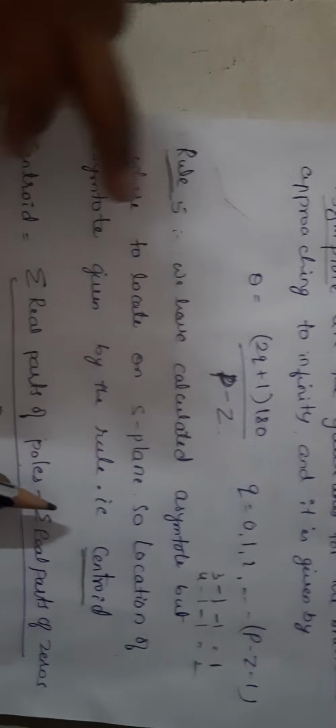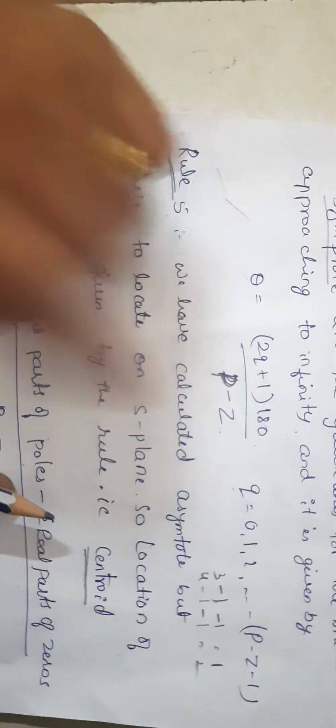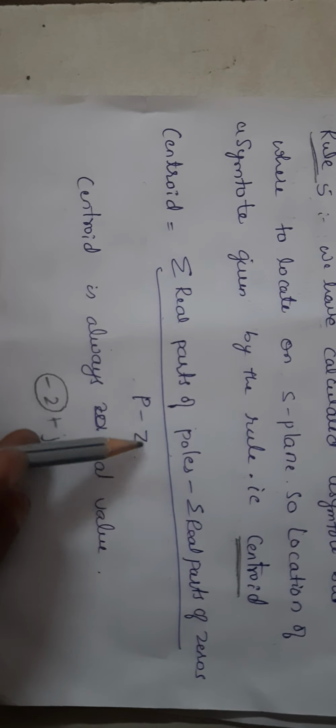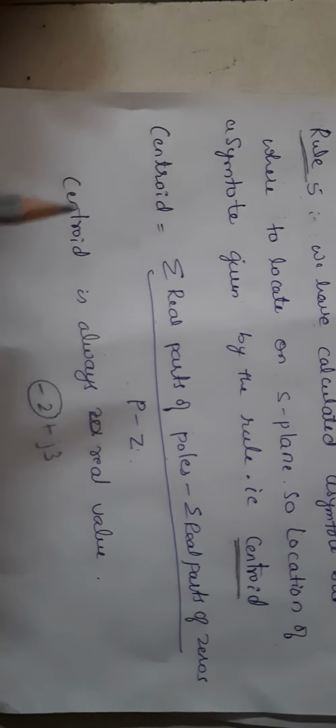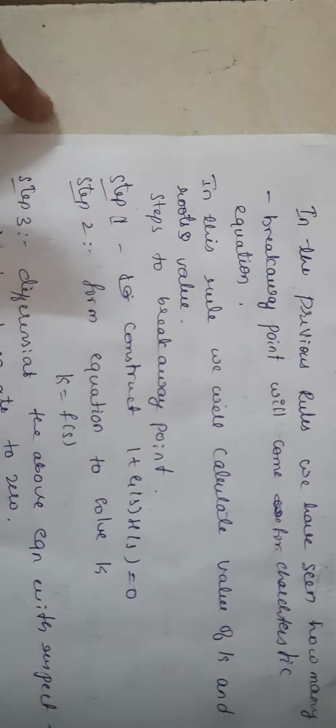Next, we calculate the asymptotes using this formula, and for the placement of those asymptotes we calculate the centroid using this formula. Next is the breakaway point.